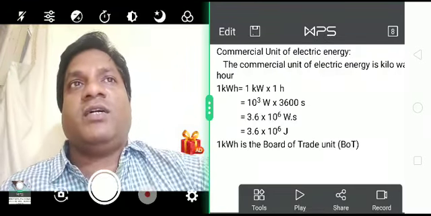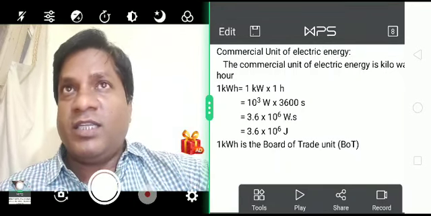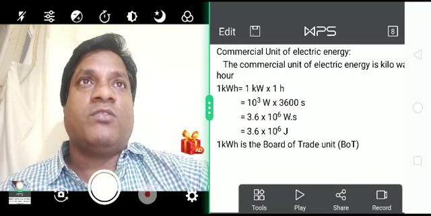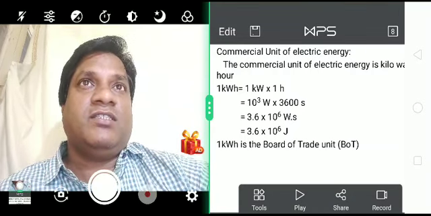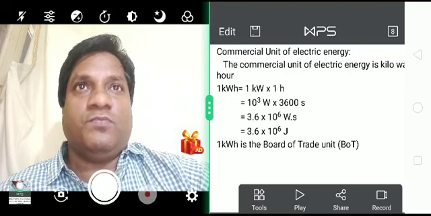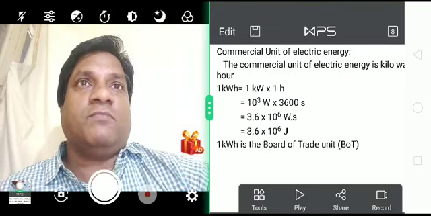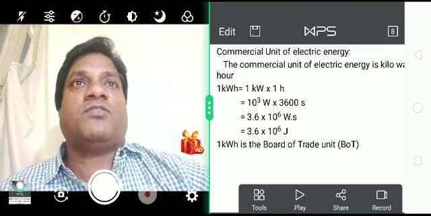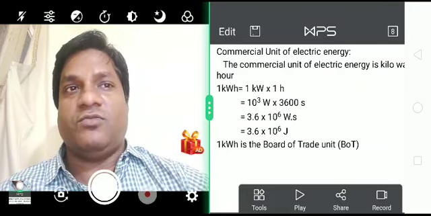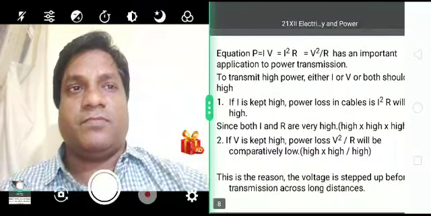This kilowatt hour is the Board of Trade unit. That means the electricity we consume at our home, or the electricity which consumers like factories and institutions consume, they pay the electricity distribution company according to this unit. This 1 kilowatt hour refers to 1 unit of electricity consumed.